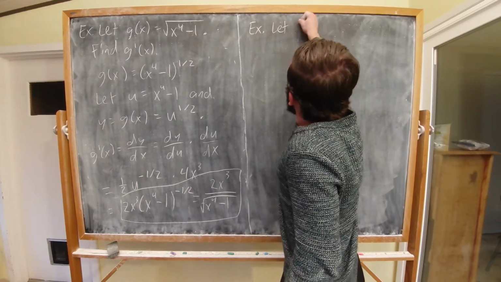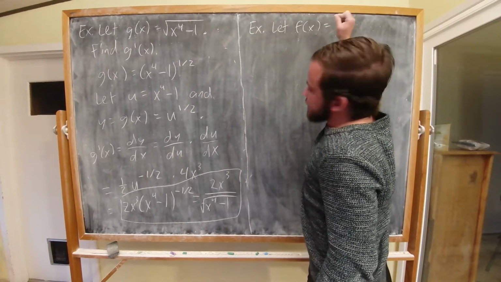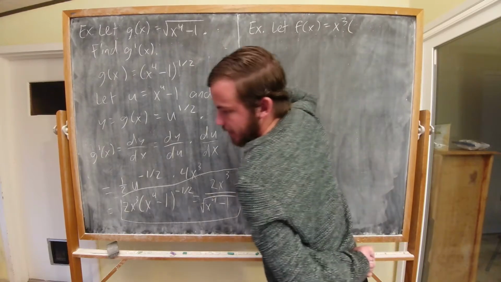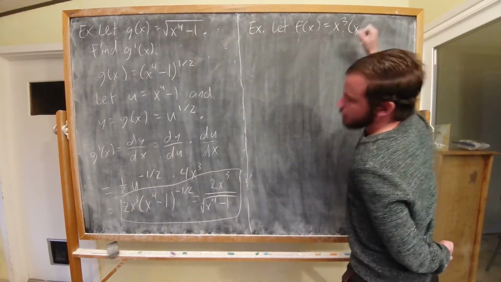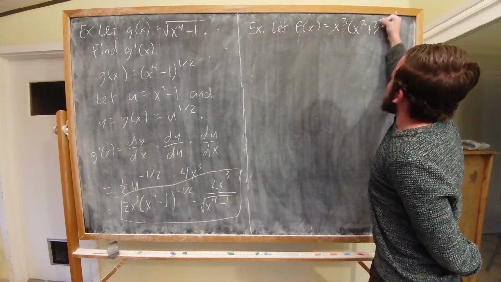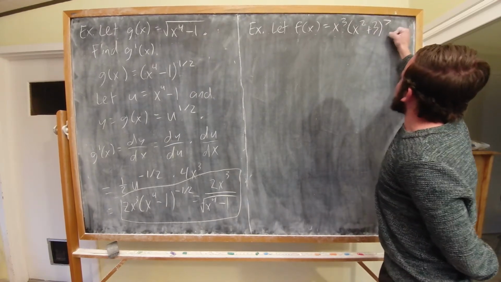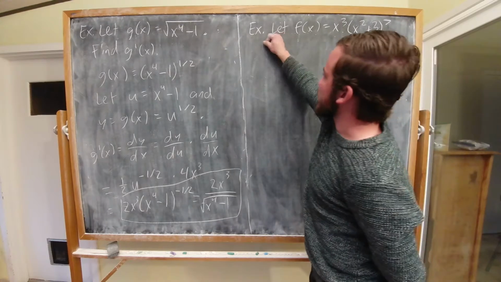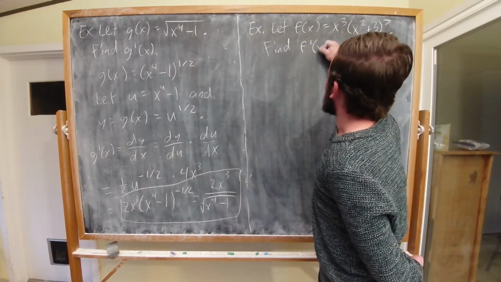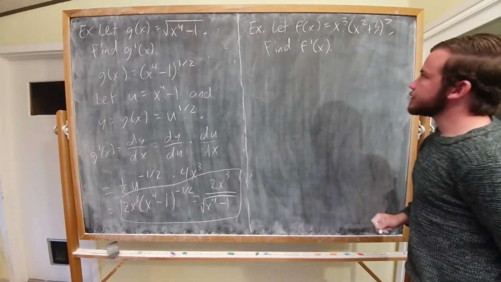Let f of x equal x cubed times x squared plus 3 to the 7th power, and we want to find f prime of x.